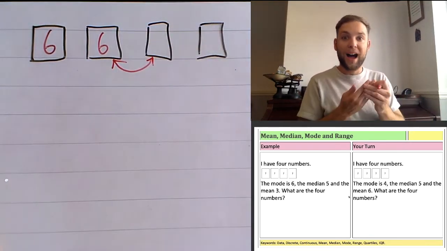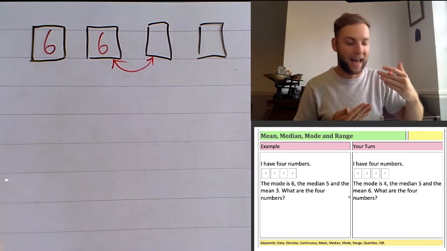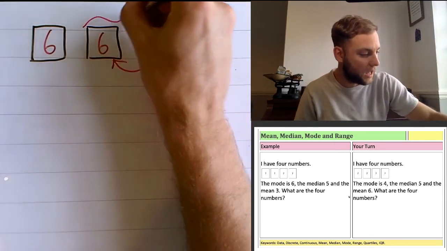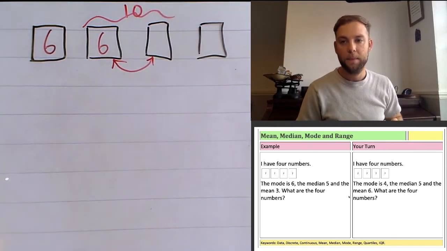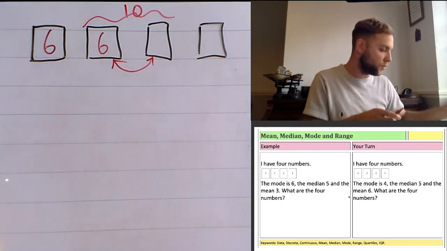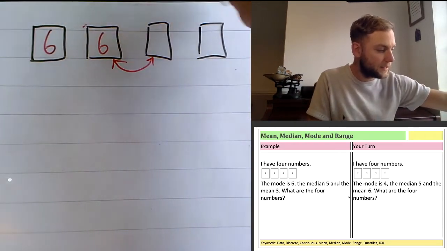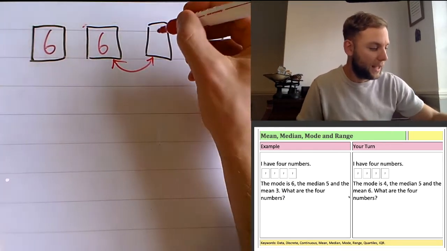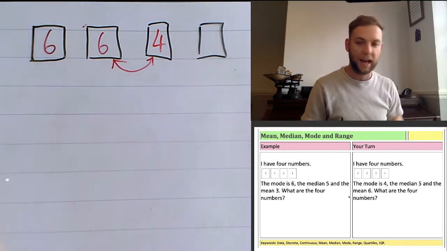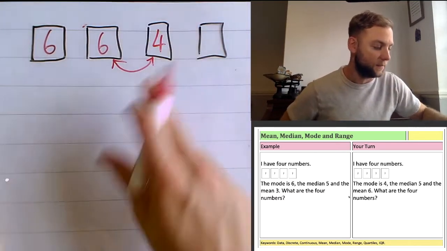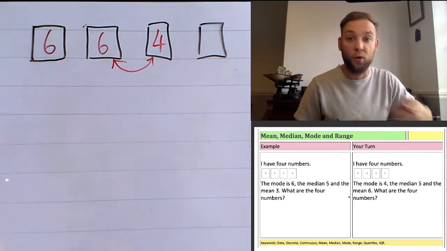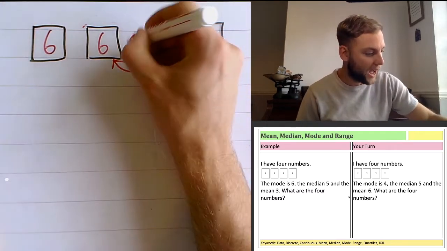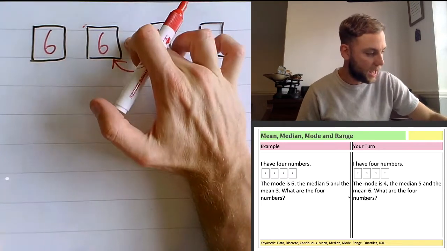So 5 times by 2 is equal to 10. So these 2 numbers here need to sum to 10, which means that this one here must be 4. Okay? So 6, 6 and 4. That makes sense, because 6 plus 4 is 10, divided by 2 means that 5 would be in the middle of both of these, okay?